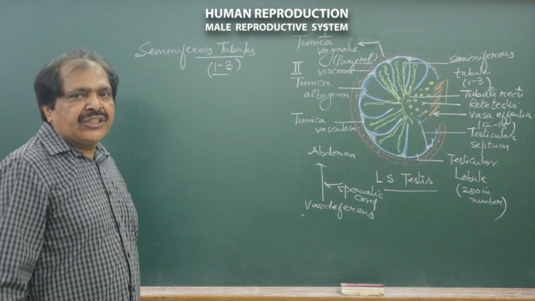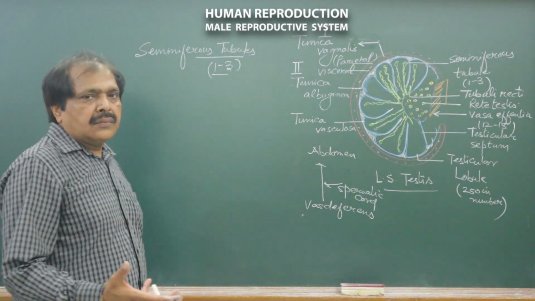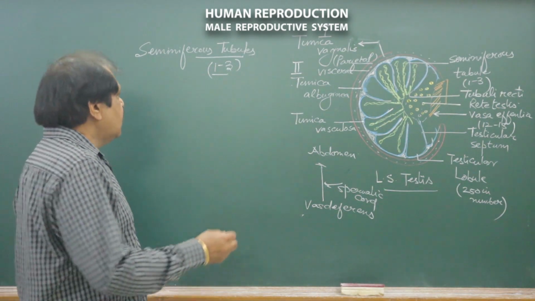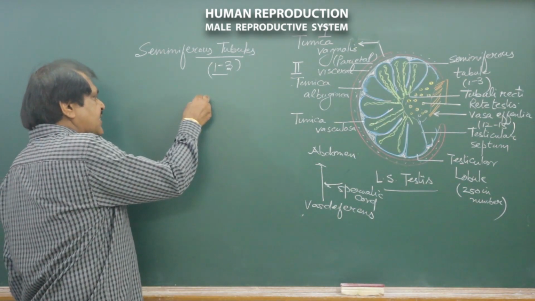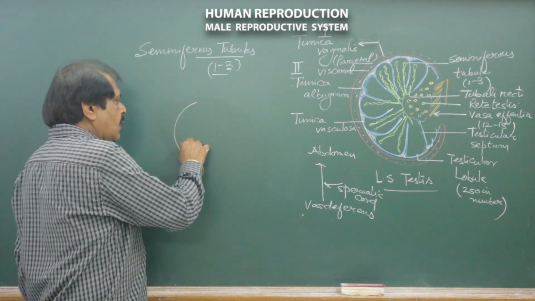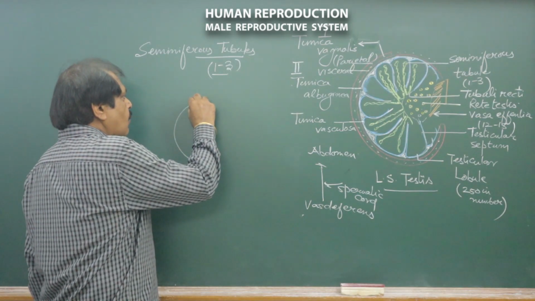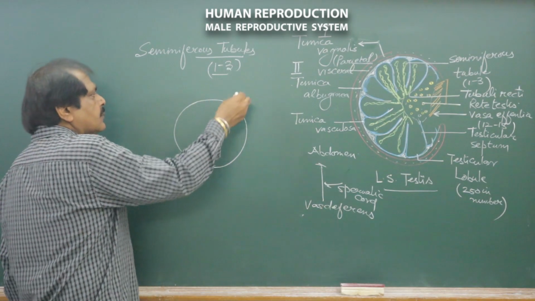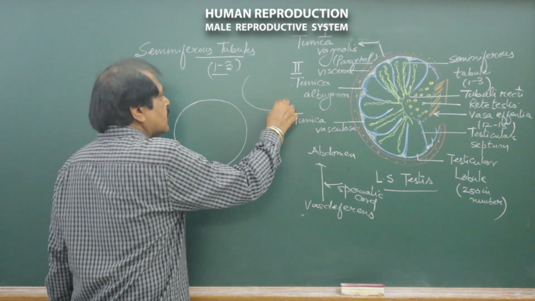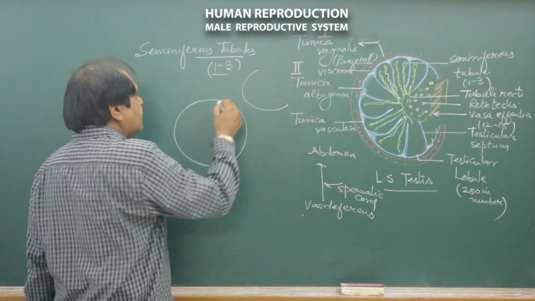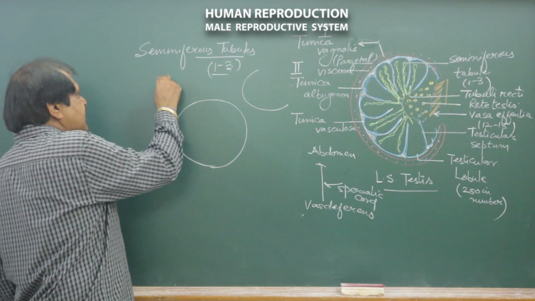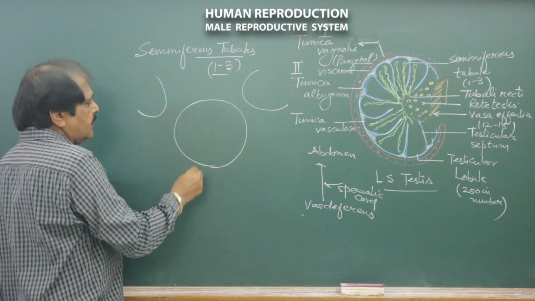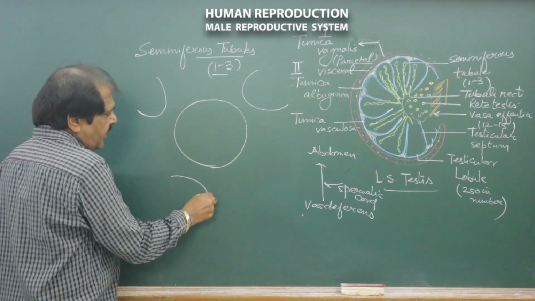Let us draw the section of seminiferous tubules. This is one seminiferous tubule. This is another one, and this is another one, and this is another one.